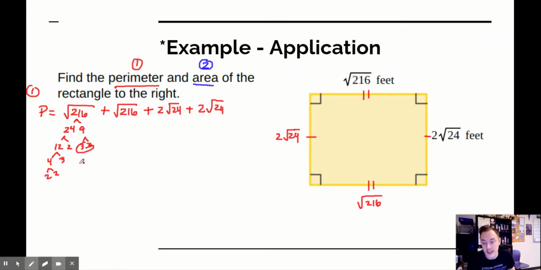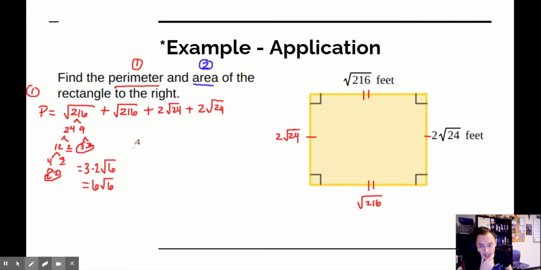So this is 3 coming outside, and the 2's coming outside, so times 2. And then I have a 3 and a 2 left over, so it's times 6, which is 3 times 2, underneath the radical. So I have a 6 radical 6.